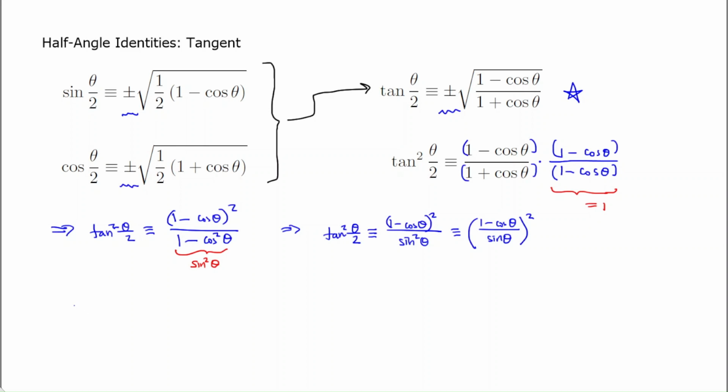Okay, so if we take the square root of both sides, we get tangent theta over 2. Okay, then on the right-hand side, we can write 1 minus cosine theta over sine theta. Okay, but technically, strictly speaking, whenever you do this maneuver, we still have a plus or minus.